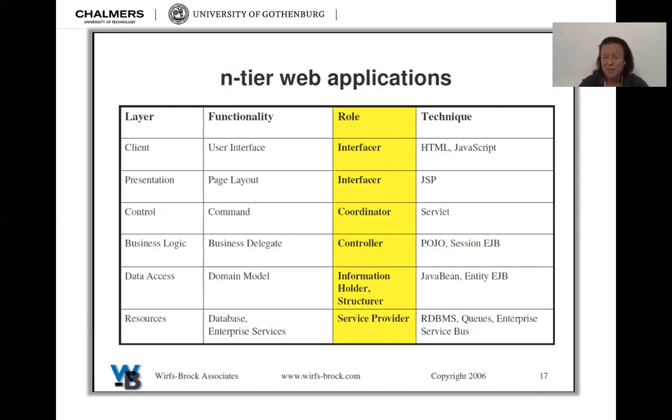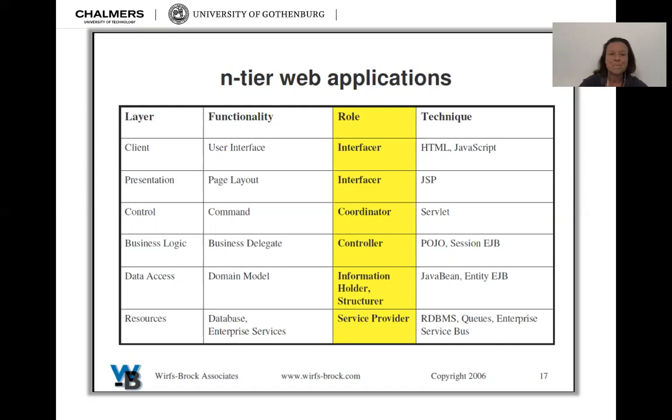The slide is from 2006, please forgive. But I thought she just did such a good job at illustrating this that I wanted to keep the original slide. In the presentation layer, the functionality is the page layout. Role is also an interfacer, and we can, for example, do that with Java server pages. Yes, I programmed those in 2006. I did.